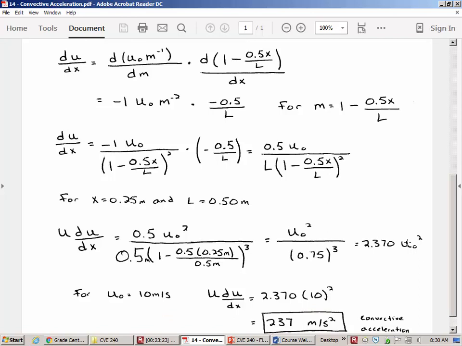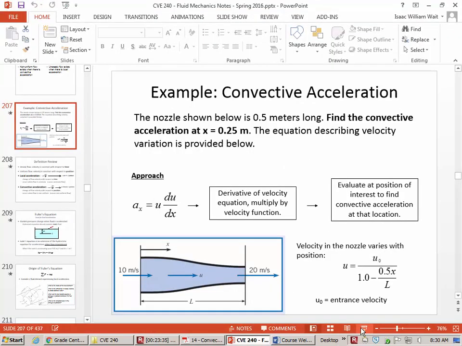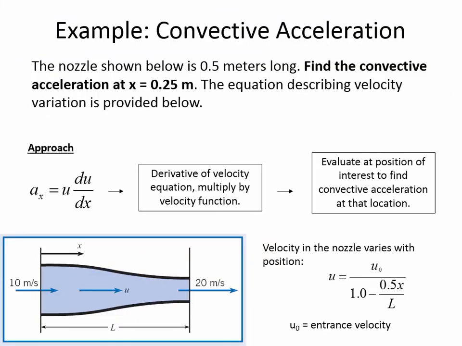So I don't suppose that you're going to start loving calculus all of a sudden in fluid mechanics. I certainly didn't, but you may need to use it on one of the homework problems. And so what I'll remind you is just be sure in a case like this that you are picking the correct location to take the convective acceleration, because convective acceleration is all about a certain position in the flow field.